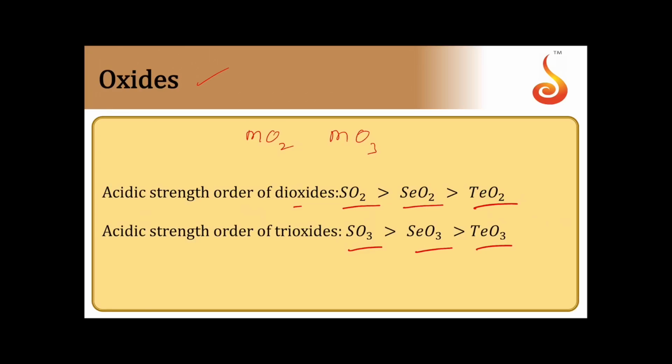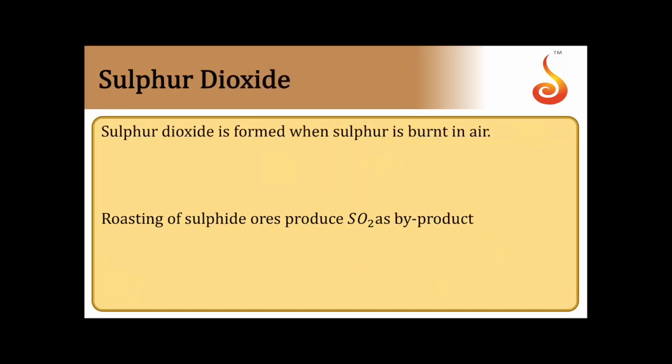A highly electronegative element forms a stronger acidic oxide. So SO2 is a stronger acidic oxide. Similarly in trioxides we see the same trend. But when you compare the acidic strength of trioxides and dioxides, trioxides have more acidic strength; SO3 has more acidic strength when compared to SO2. So trioxides are more acidic in nature when compared to dioxides.